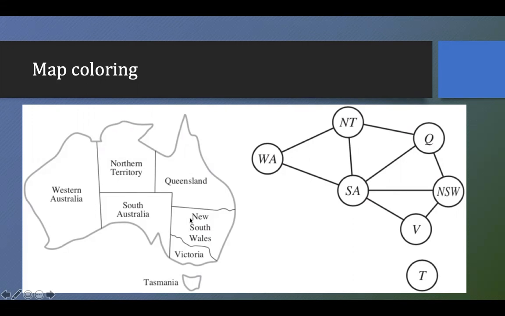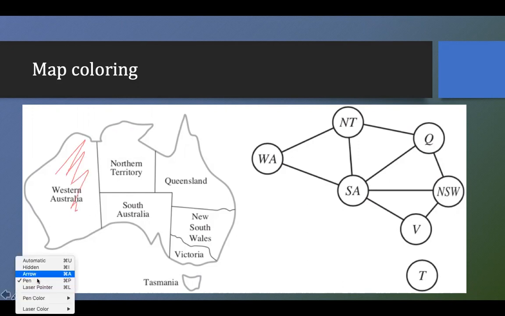This problem says that when we color one city, the same color will not come to its adjacent city. Let's say if I am coloring with red, this red color is not going to come to the adjacent city. So for the adjacent cities, we have to use other colors. Let's see that.